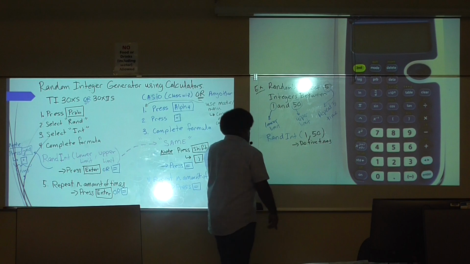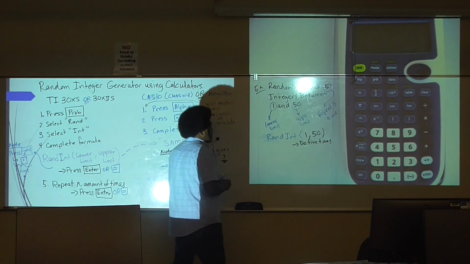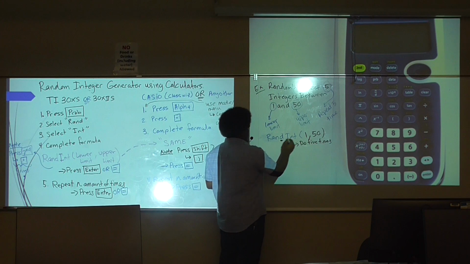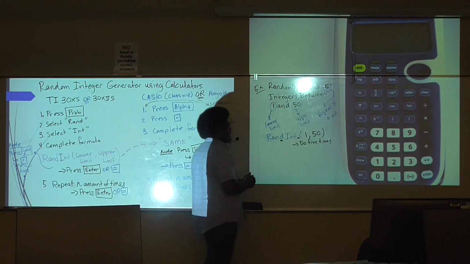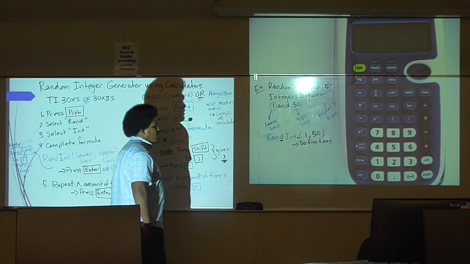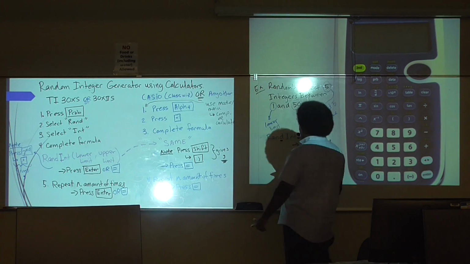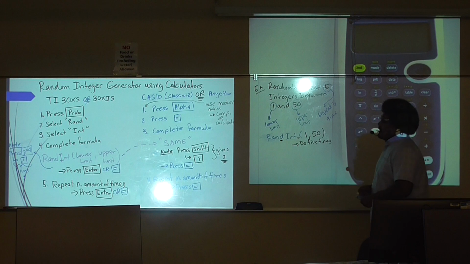Once again, this portion might change depending on what calculator you have, but it's the same syntax either way. Just the way you type it in is different, and the result is the same.